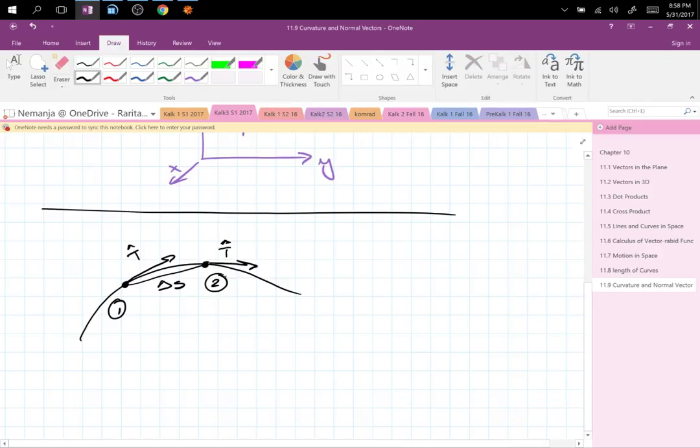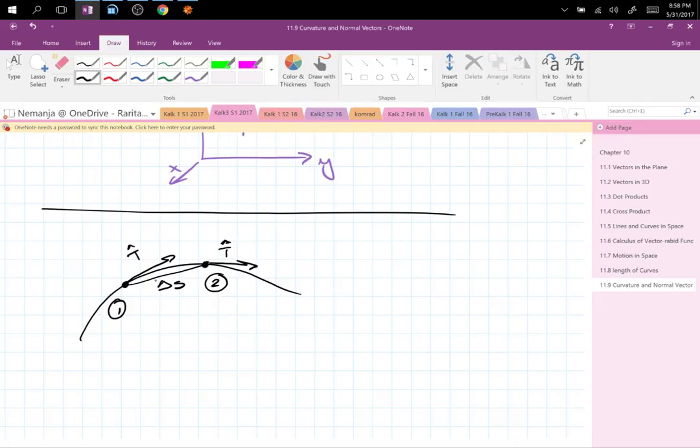So the curvature is defined by the change of the tangent vector with respect to the arc length. I hope you can see that the tangent vector at the first location and the tangent vector at the second location have different directions.